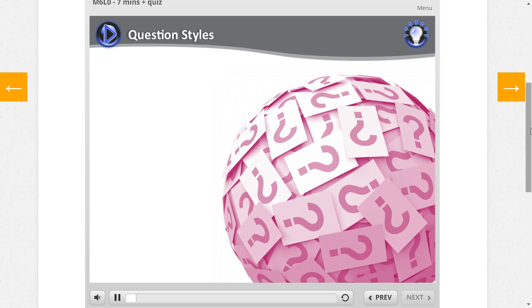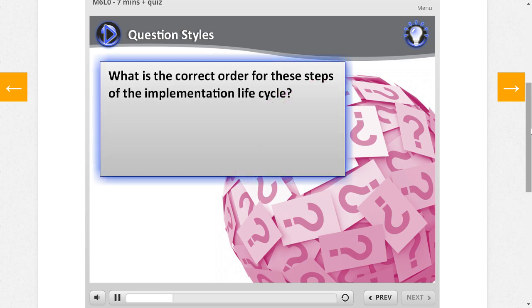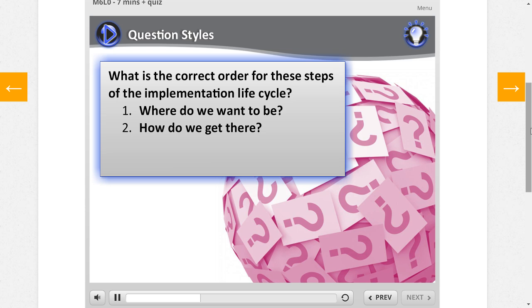The final question style asks you to identify the correct sequence for a list of activities. For example, what is the correct order for the following steps of the implementation lifecycle? 1. Where do we want to be? 2. How do we get there? 3. What are the drivers? 4. Where are we now?